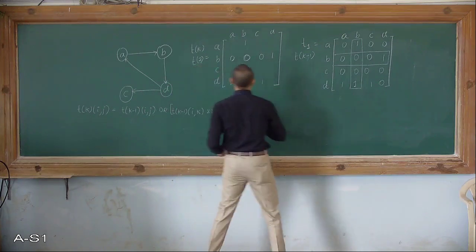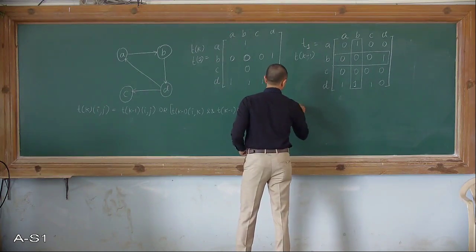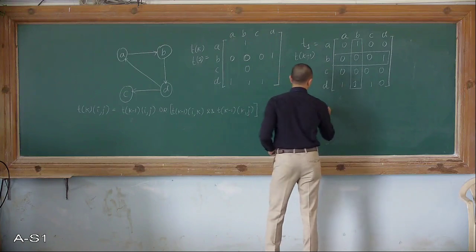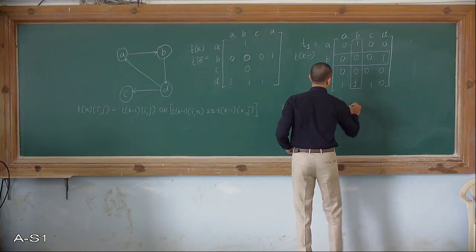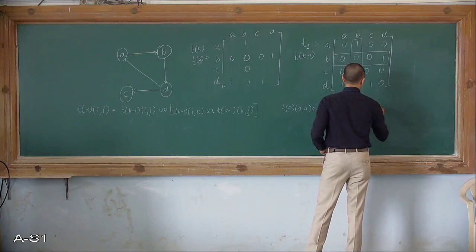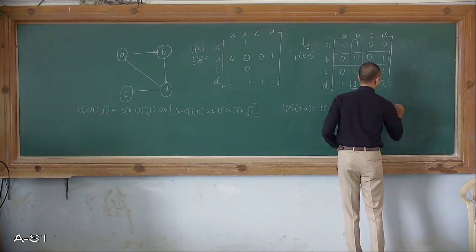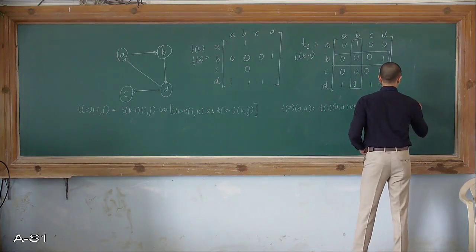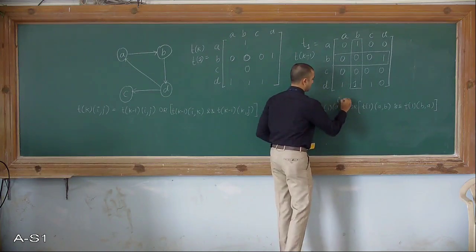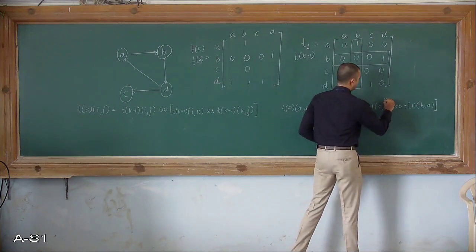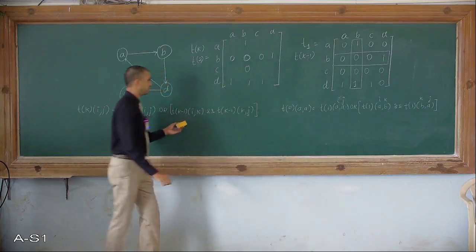First one, A to A. T of 2, A to A. T of 1, A to A, or T of 1, intermediate vertex is B. So A to B and T of 1, this is B to A. So here this is I comma J. I comma J. B is my K. So this is I to K and K to J. According to this rule.